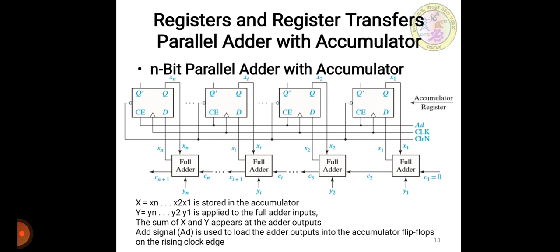This can be accomplished in two ways: clear the accumulator, or add a multiplexer at the accumulator inputs. To clear the accumulator, use the asynchronous clear inputs on the flip-flops, then put the X data on the Y inputs to the adder and add to the accumulator in the normal way.